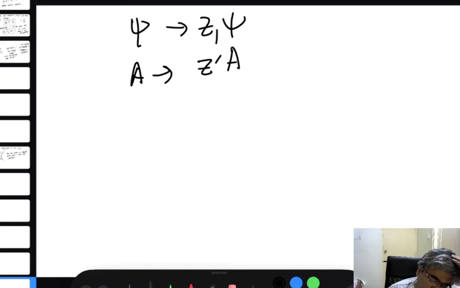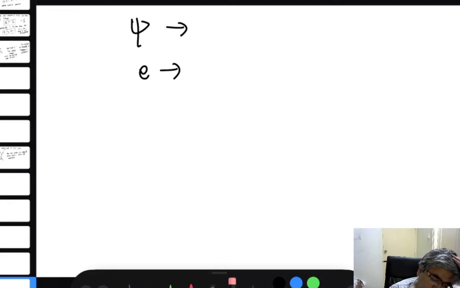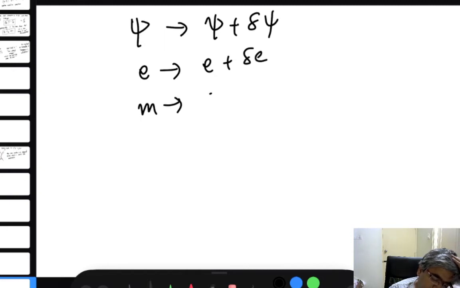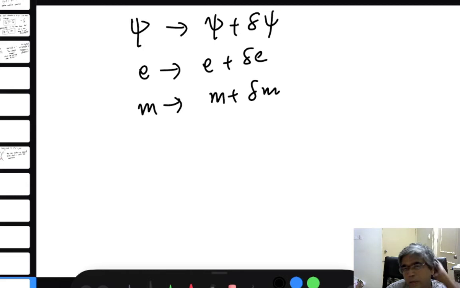And then I am using two kinds of notations. Let me not use this one, but psi goes to psi plus delta psi, E goes to E plus delta E, M goes to M plus delta M, where delta psi could be an infinity and psi could be something called the bare.